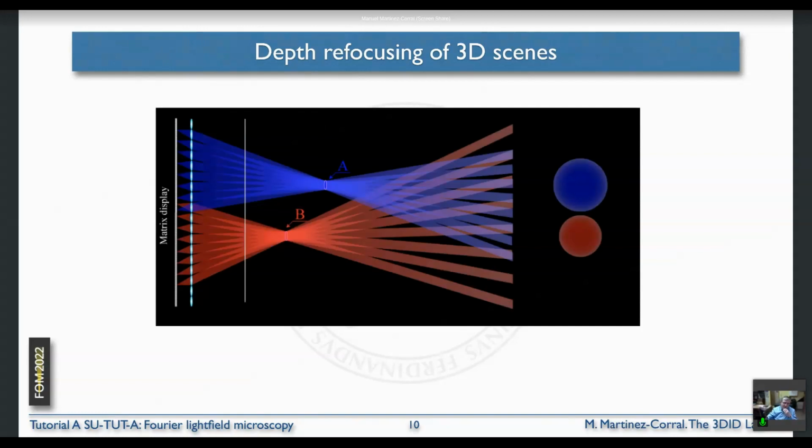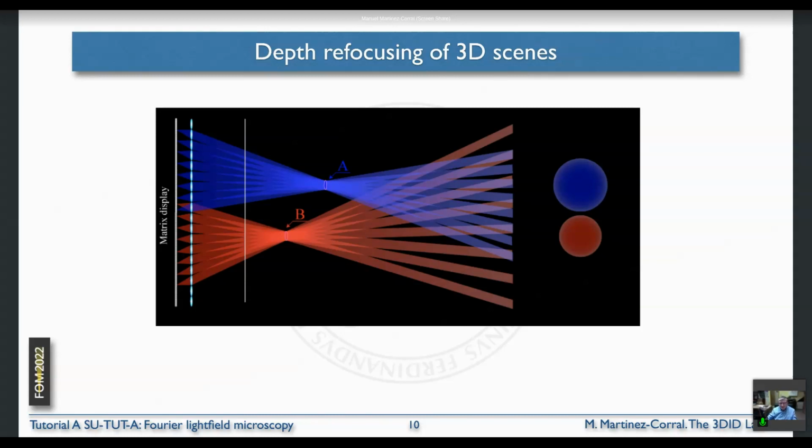How do we do it? Now, instead of having a sensor, we have a pixelated display, same size. Here we have the same microlens array. Then we illuminate exactly the same pixels as printed before, and we can see that here a collection of ray beams is obtained that are intersecting in a given way.